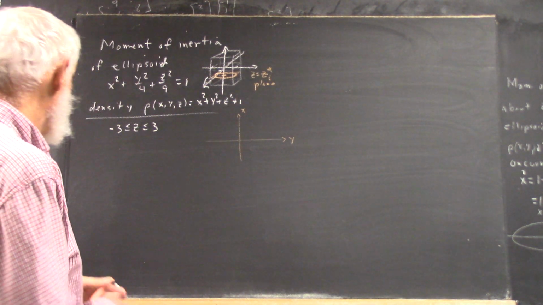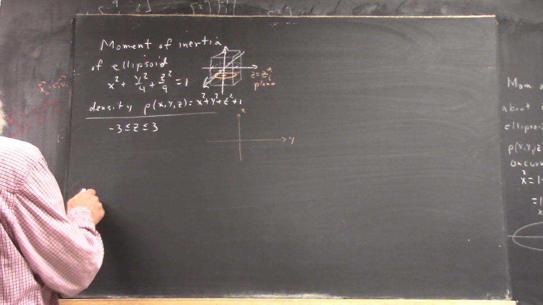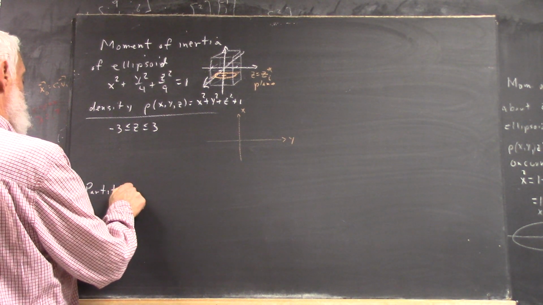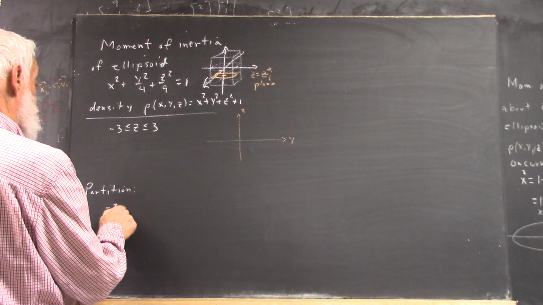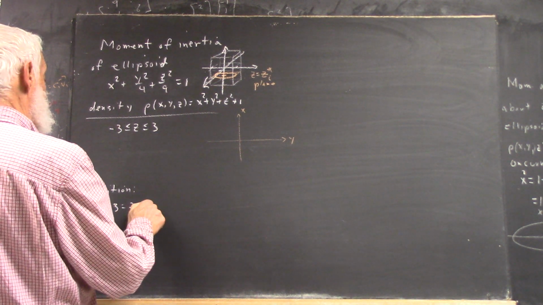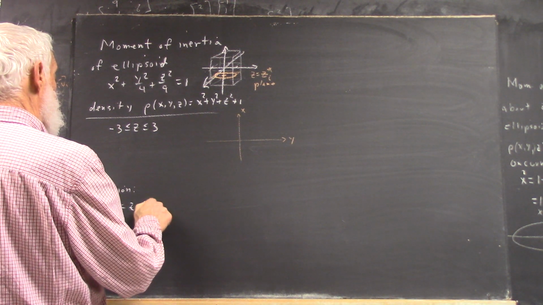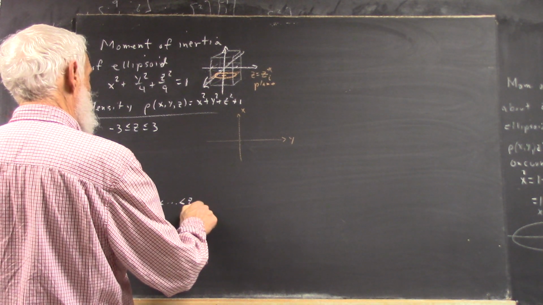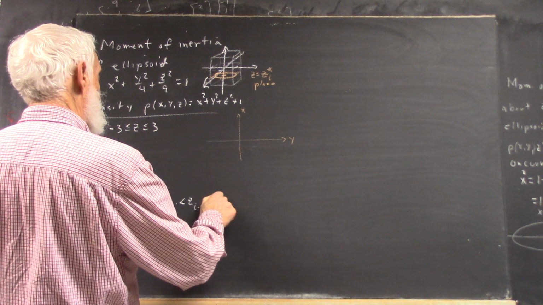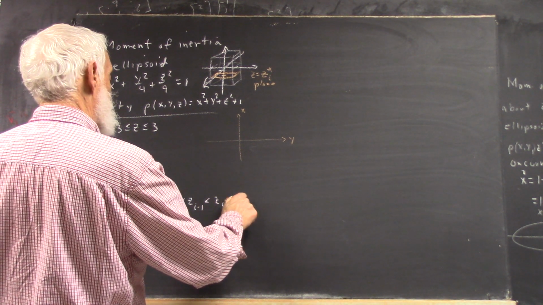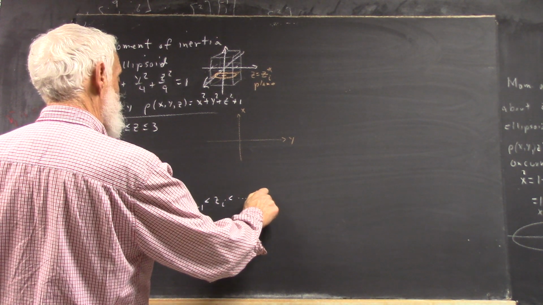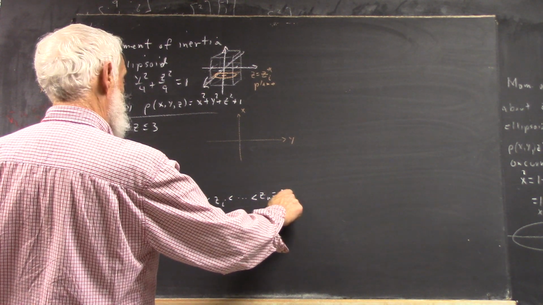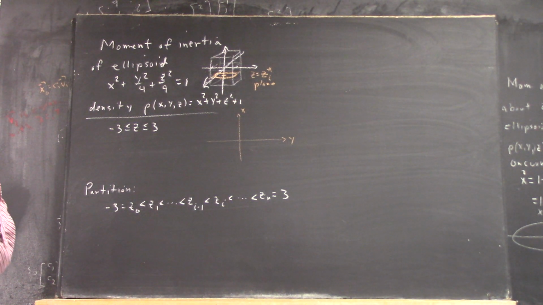So your partition starts with -3 equals Z0 less than Z1 less than, and then we have a typical Z sub i minus 1 and a Z sub i, and a Z sub n, which equals 3, right?